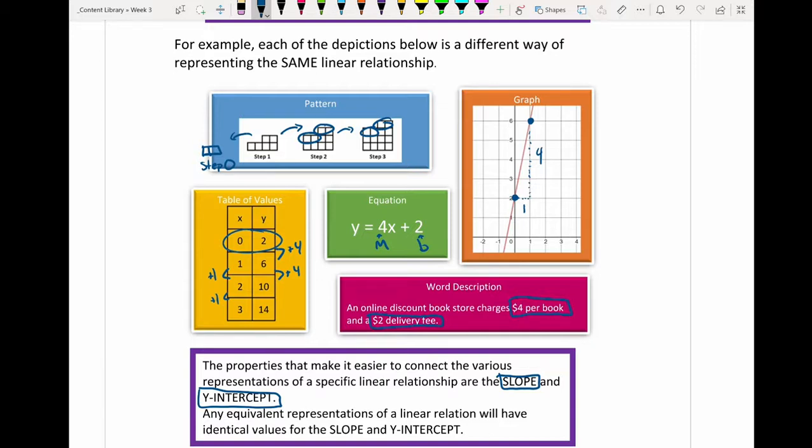When there are no books involved, it's 2. Initial stage is 2, b value is 2, y-intercept is 2, and in the table of values, when x is 0, it's 2. So again, same values in all the representations.